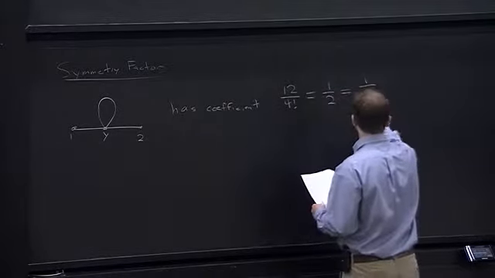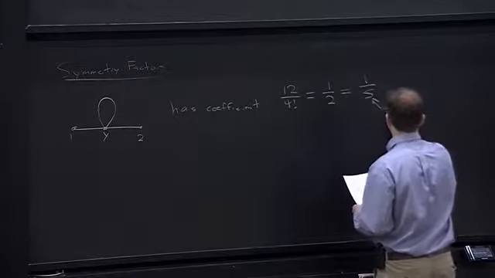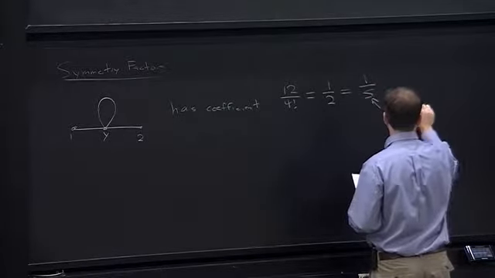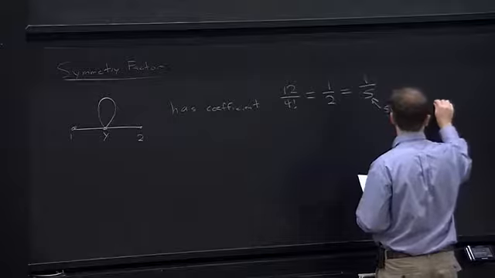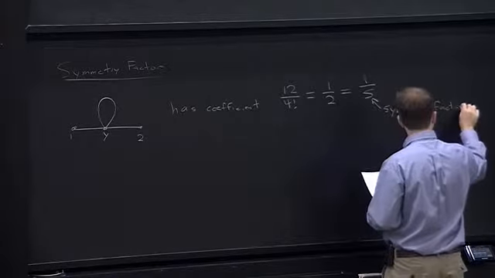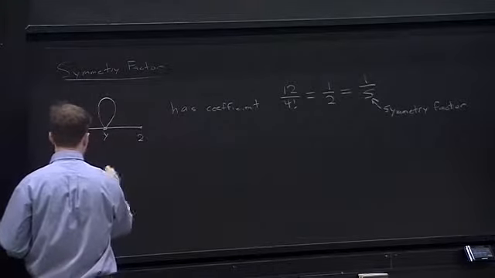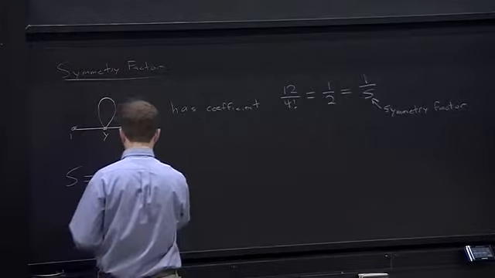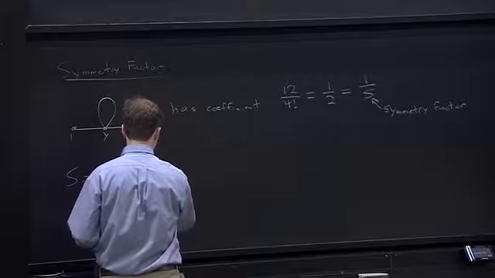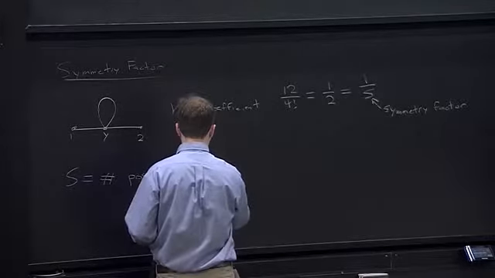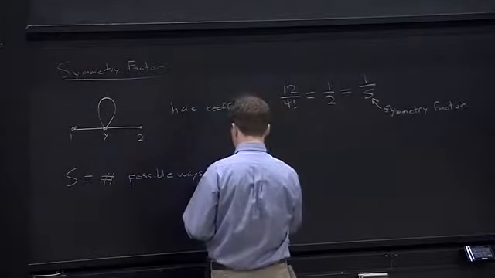And this is 1 over what I'm calling the symmetry factor. So the symmetry factor of this diagram is 2. And in general, S is the number of possible ways to exchange components of the diagram without changing the diagram.